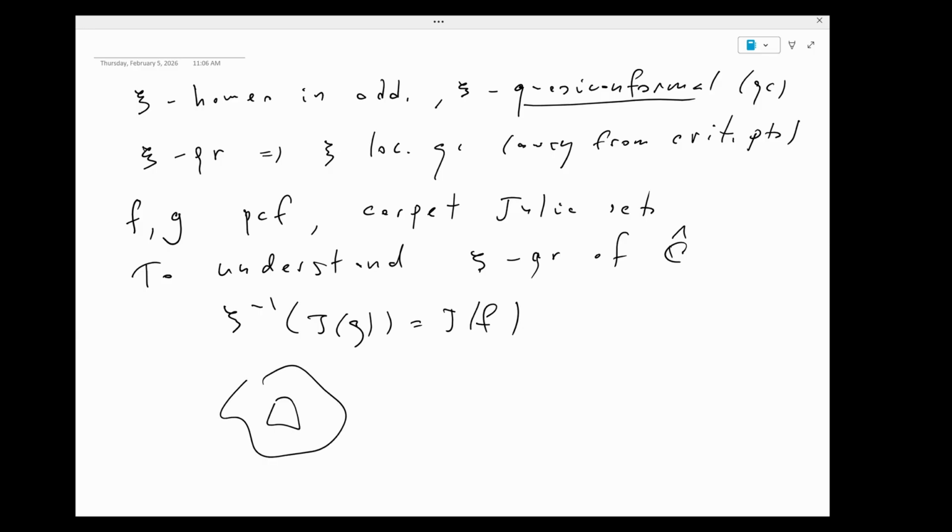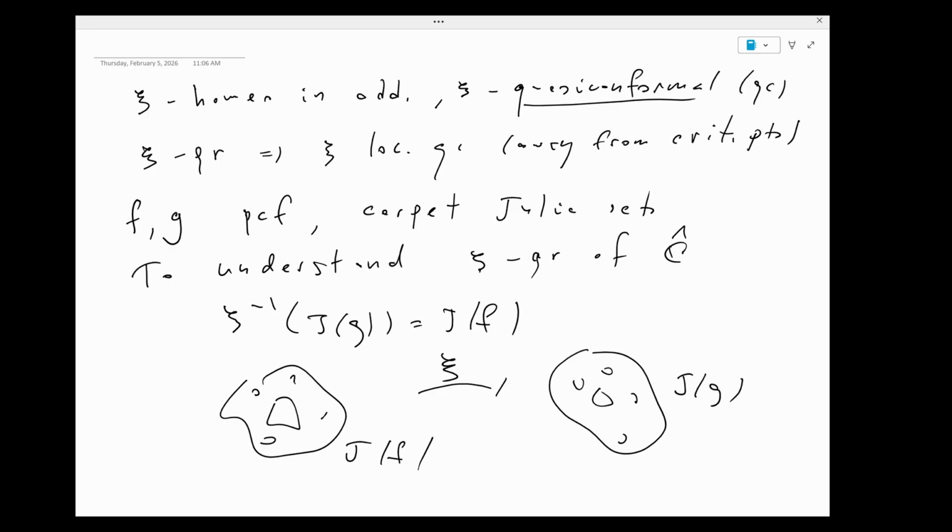So this is J of F, a carpet. Here's another carpet, J of G. And we're looking at quasi-regular maps of the sphere which do this.